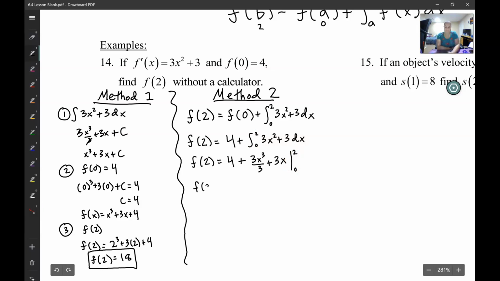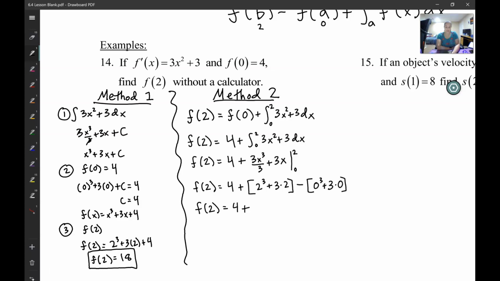So that means f of 2 is going to be 4 plus, here's my upper limit, 2 cubed plus 3 times 2, minus my lower limit, which is 0 cubed plus 3 times 0. If I plug all of that in, I get 4 plus 2 cubed is 8 plus 6.